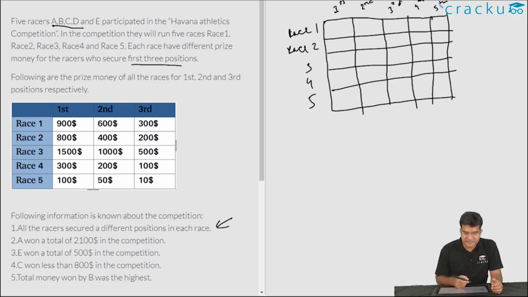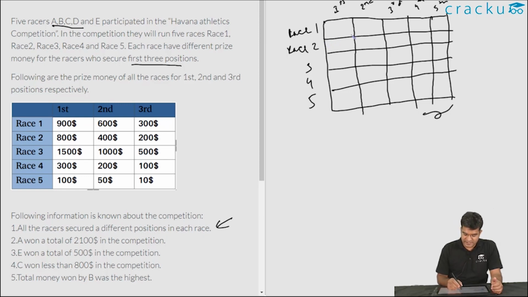Clearly in the information we haven't been given any data about the persons who came fourth and fifth, so let's ignore that first. Now, we'll have to fill up this table with the names A to E, and the first line actually suggests that each of the racers has come in different positions in each race.